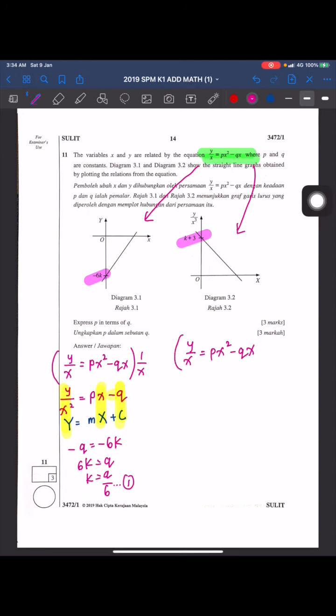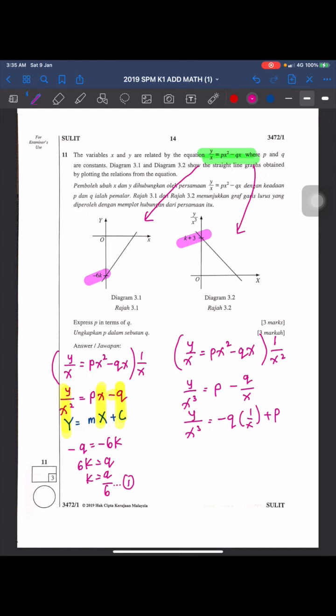So maksud dia the whole equation saya mesti darabkan dengan 1 over x square. Okay, boleh? So nanti bila saya darab masuk, saya akan dapat y over x cube equals to p minus q over x. Okay, saya cuba rearrange balik. Y over x cube equals to negative q 1 over x plus p.